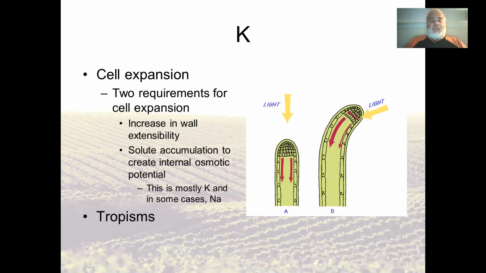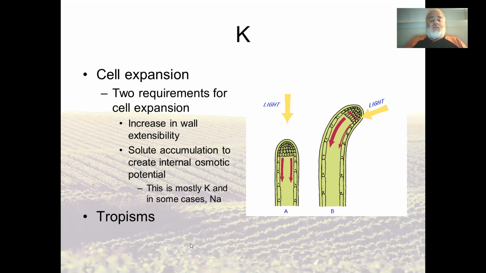Not going to go into the detail of the cell expansion and tropisms, but plants move in response to light, and tendrils of vines, the little highly specialized leaves that wrap around other stems and wires and other things, those tendrils are thigmotropic.